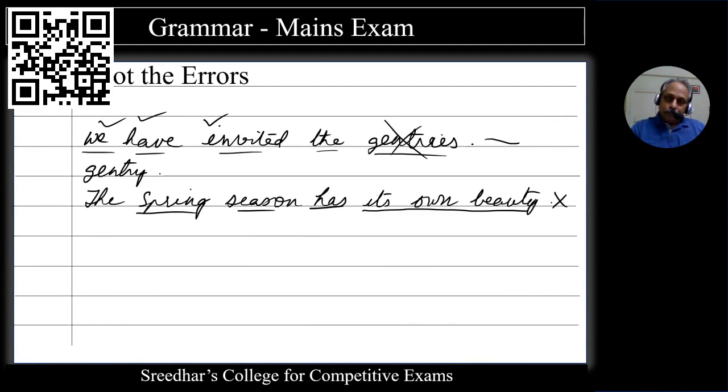Anything that expresses beauty and grace, they attributed feminine gender. The spring season is considered the most beautiful season, and because it denotes beauty and grace, they attributed the feminine gender. Based on that, here we cannot say its own beauty, we have to say her own beauty. The spring season has her own beauty. That is a correct sentence.